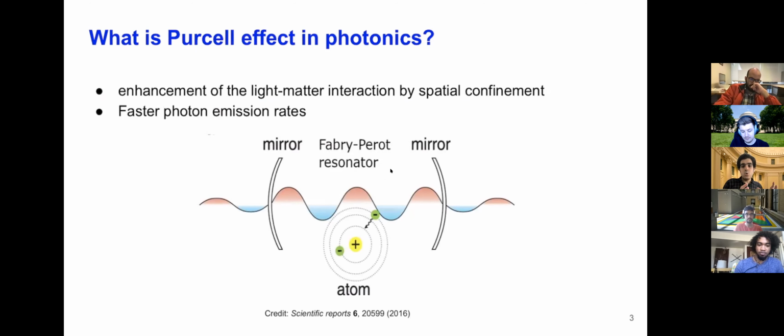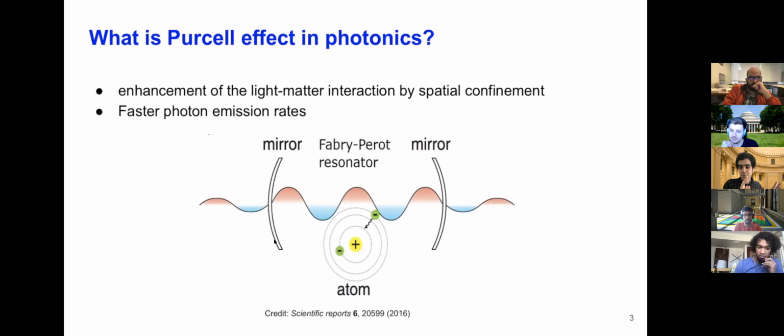Namely, when we put an atom in a cavity, we get a faster spontaneous photon emission by this atom, by the orbitals of the atom, obviously. So the enhancement is due to the photon mode being confined in the cavity, and hence having a higher density of states.